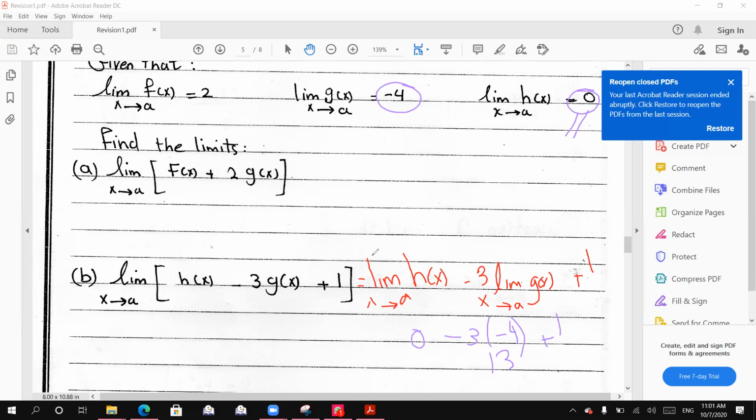Where's limit g of x? It's -4, it's given. So what I have to do now is bring the value of limit g of x and evaluate it here, which is -4. The -3 times -4 is 12, plus 1, 13. Okay.